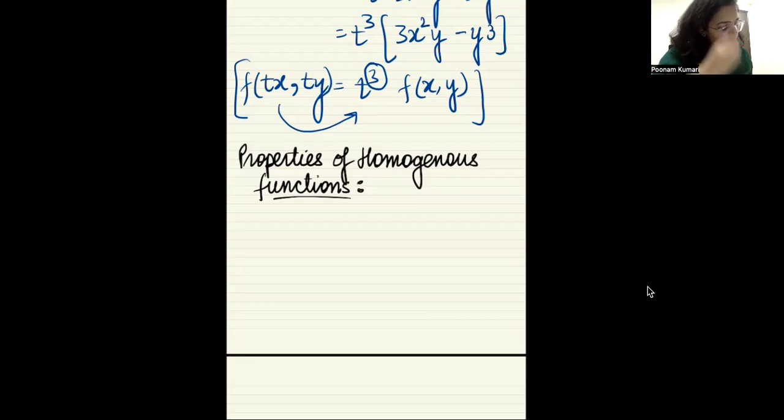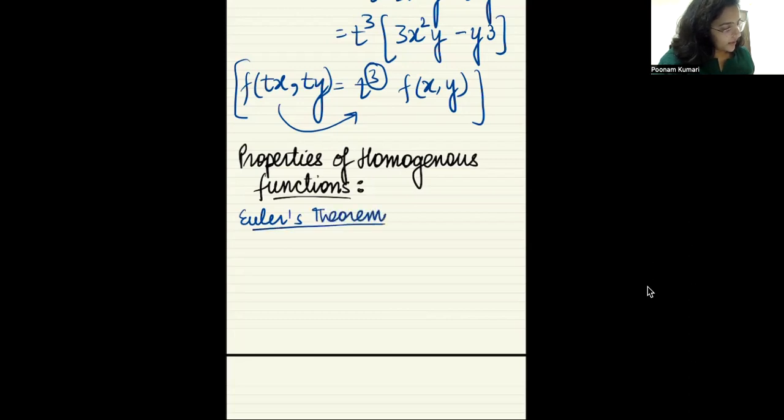So the first property is also called Euler's theorem. Some people say Euler's theorem one way, some say it another way, so choose how you would like to pronounce it. I say Euler's theorem.